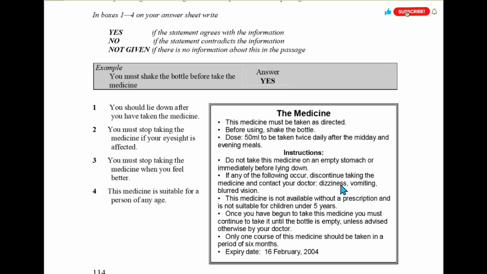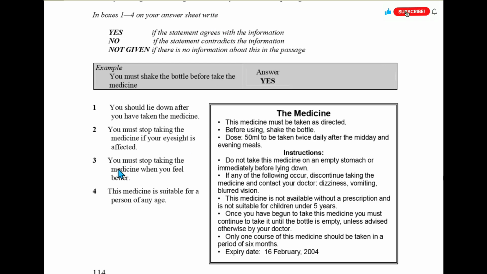That's kind of blurred vision, but if somebody is wearing glasses, then also they're having that blurred vision, then that's that point, right? So you must stop taking the medicine if your eyesight is affected. Yes, it is straightforwardly like this, and we can see here that they are saying the same thing. So everything is being agreed, so it will be a yes.